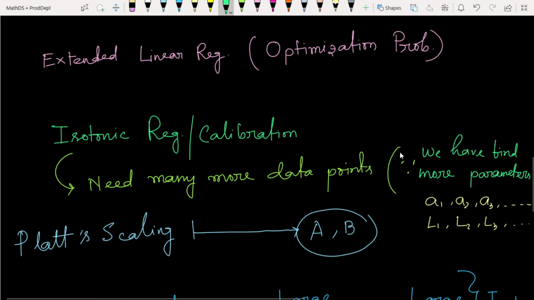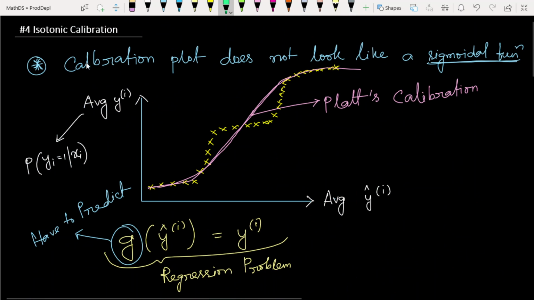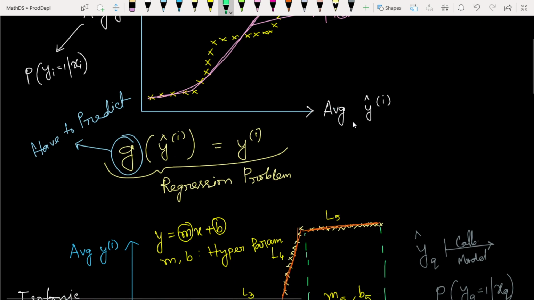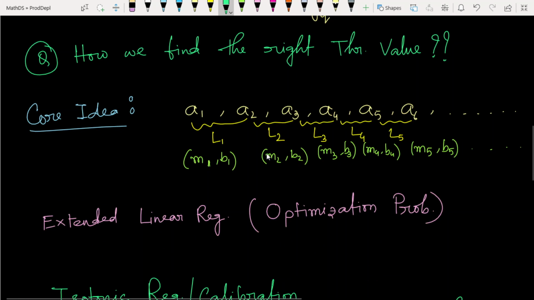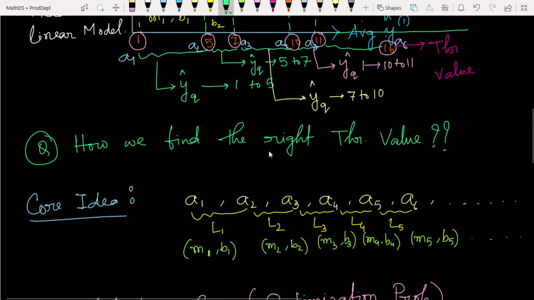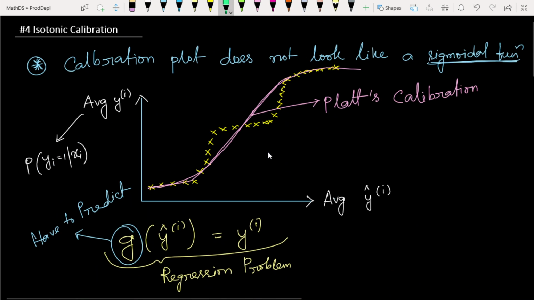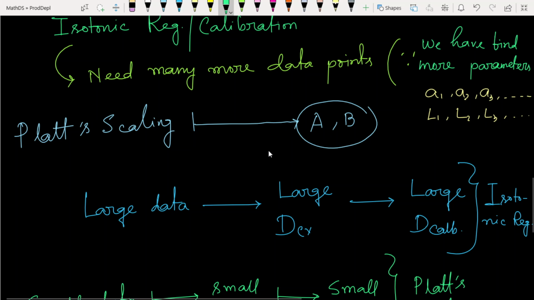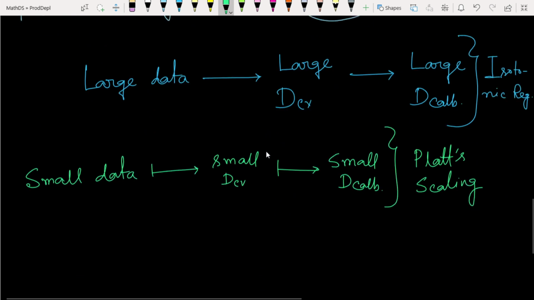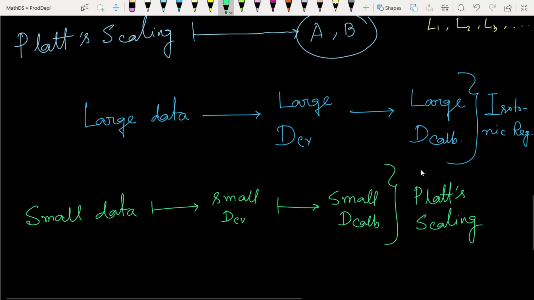I think from the discussion you got the point: what isotonic calibration is, what its advantage is over Platt calibration, and in which situations it is better to apply. I recommend that if you don't understand, please recap this video. The simple idea is that if we have a large data set, like billions of data points, it will be better to apply the isotonic calibration model.